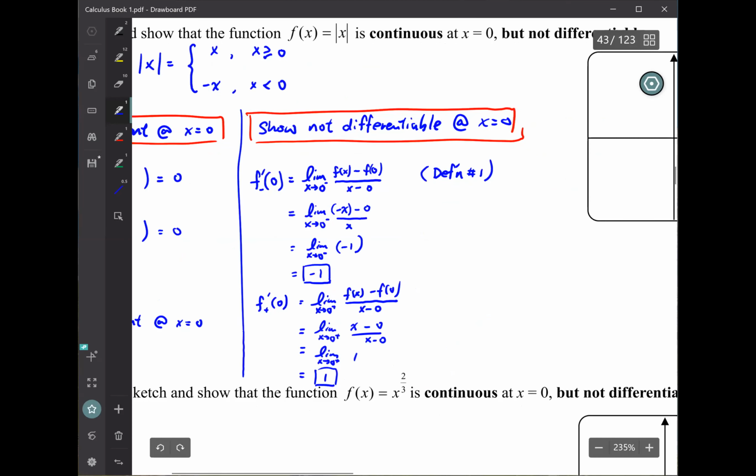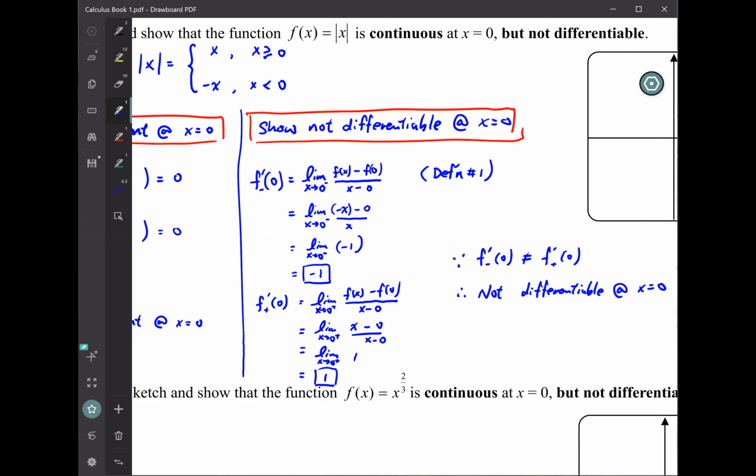We can write because the derivative from the left side does not equal the derivative from the right side, therefore not differentiable at x equals 0. Because the limit doesn't exist, left limit and right limit don't equal each other. Limit doesn't exist means it's not differentiable there.